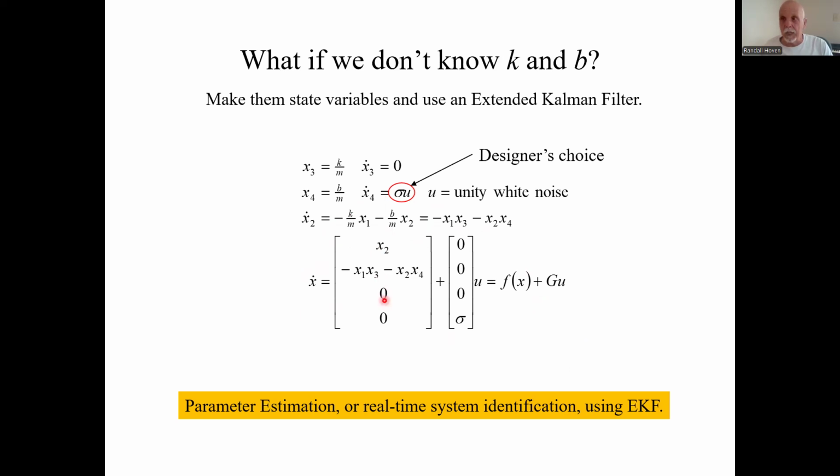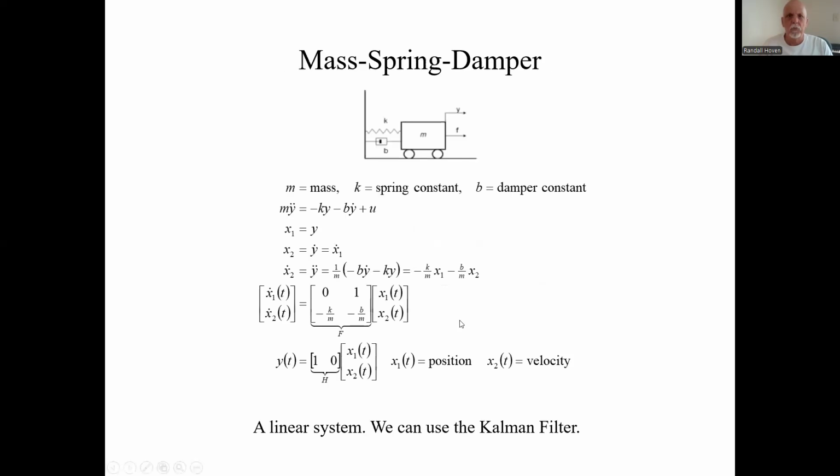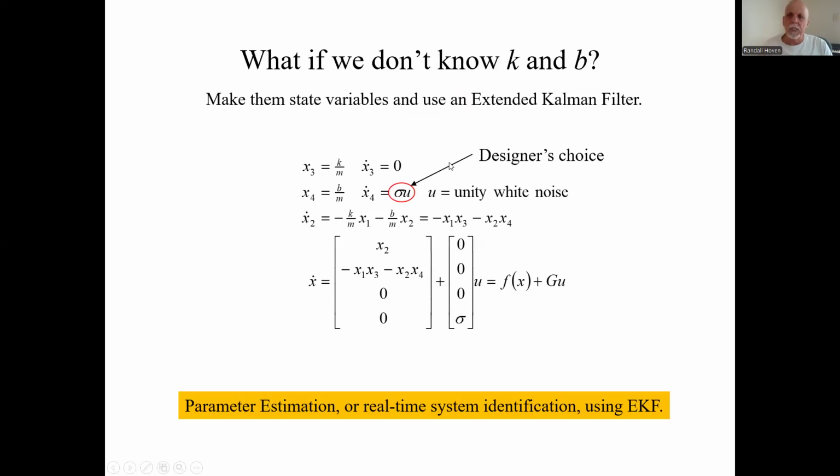And now it's nonlinear because of this second line. And we added some process noise, even though it wasn't really process noise on this system. We injected it so we could tune our extended Kalman filter.